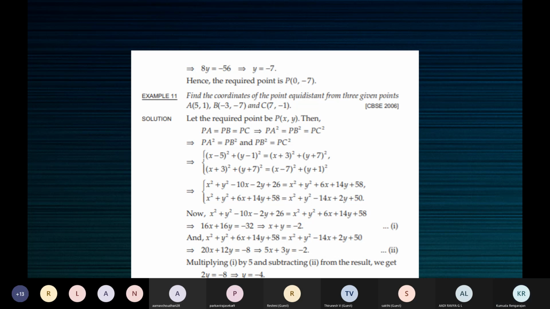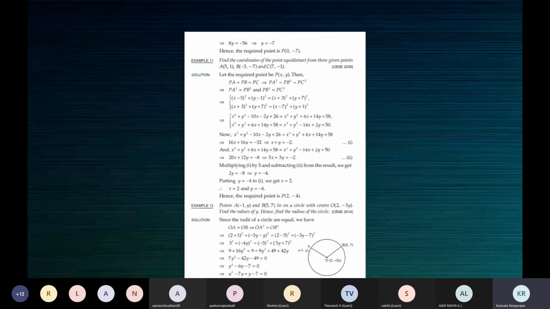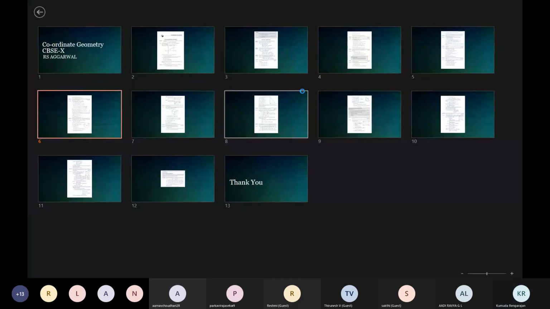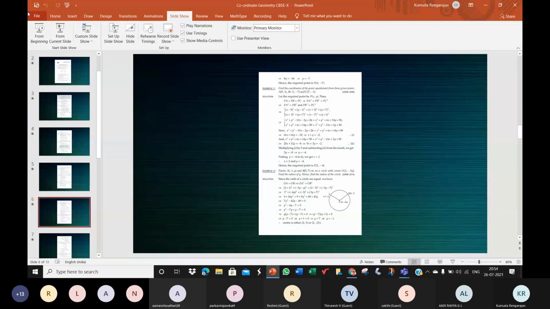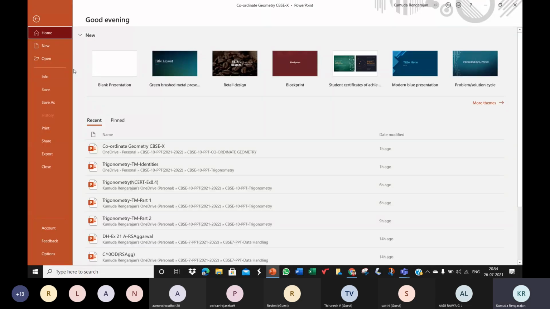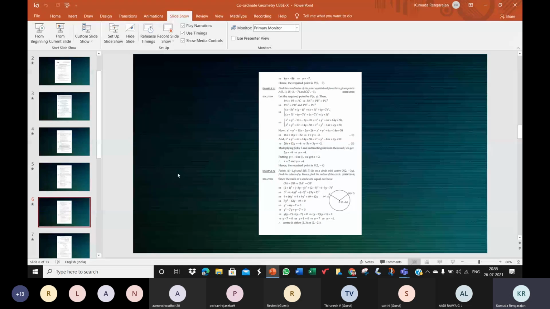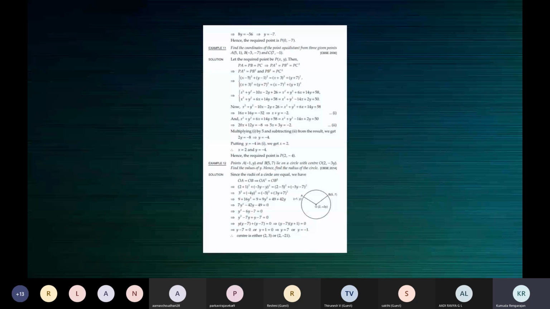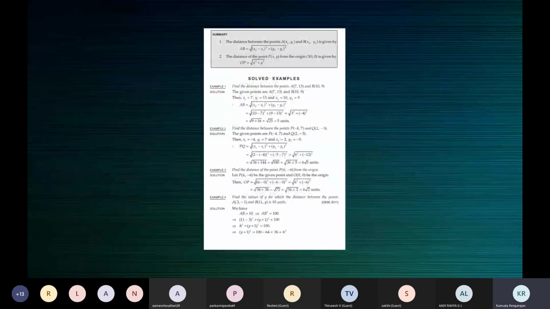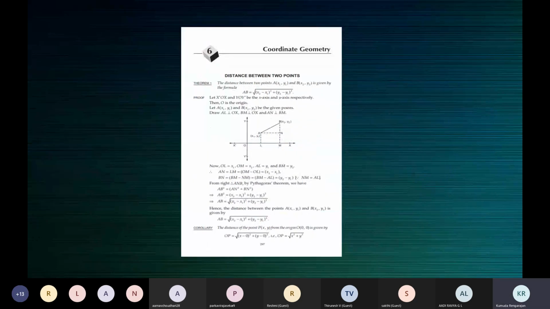Okay. Let's continue with example 11 tomorrow. Oh, but did I allow you to take a screenshot, children? Those who need to take a picture, please do it now.